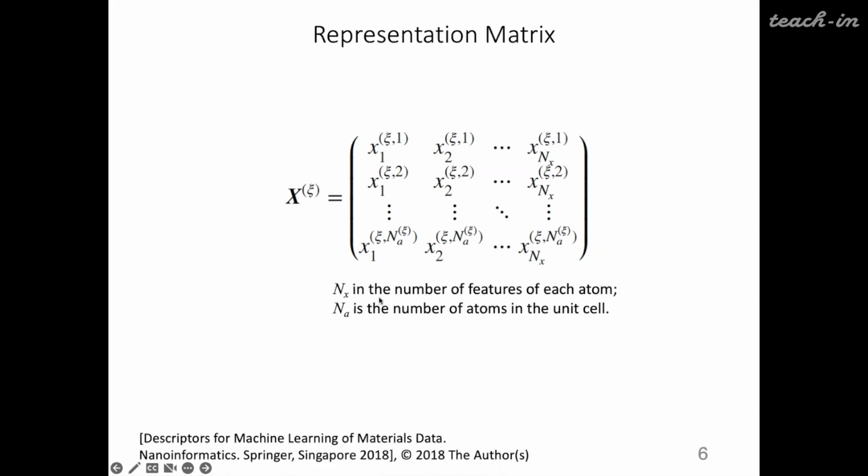So if nx is the number of features of each atom and Na is the number of atoms, then we can construct such a matrix in which we encode features and numbers, by including matrix elements.